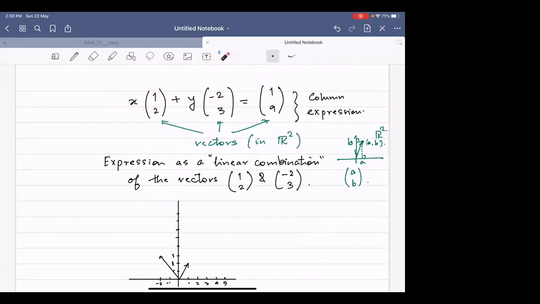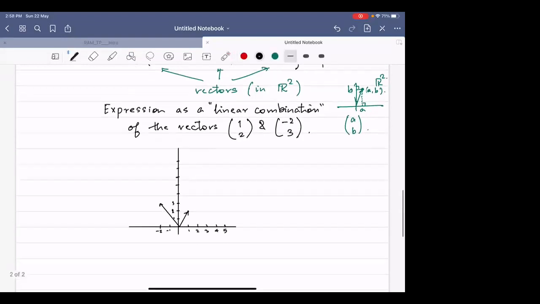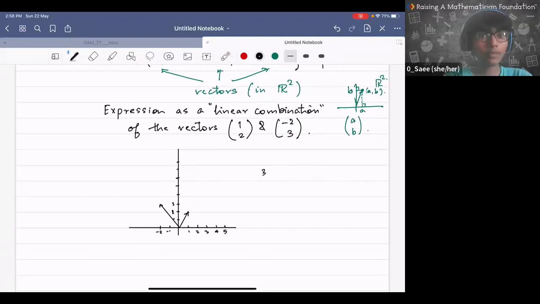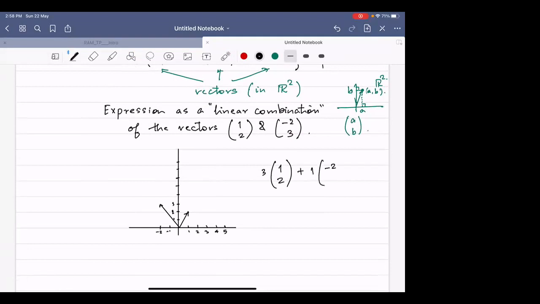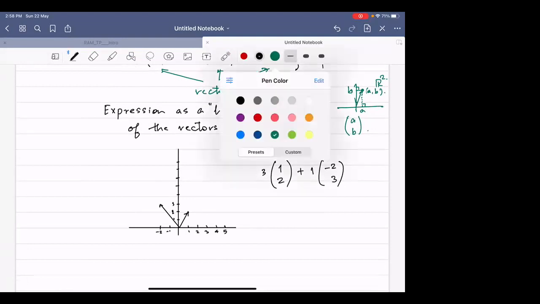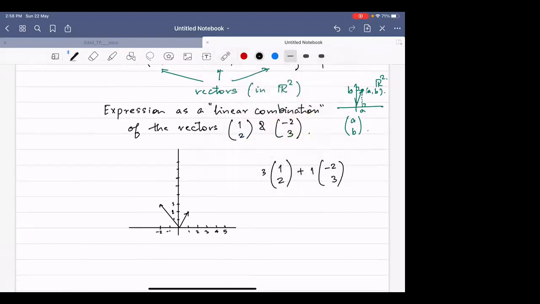You know how to do vector addition? Yes, ma'am. So 3 times 1, 2 plus 1 times minus 2, 3. Where does that lead us to? Okay, let's see where that goes. So 3 times 1, 2 means you scale the first vector by 3.